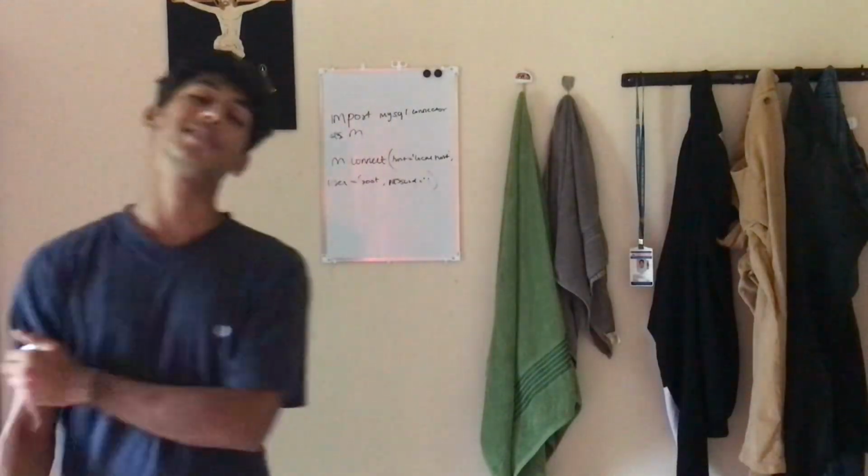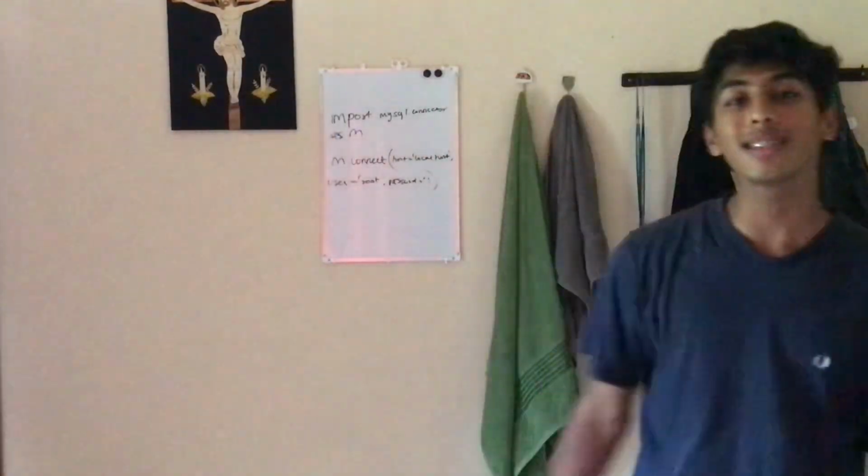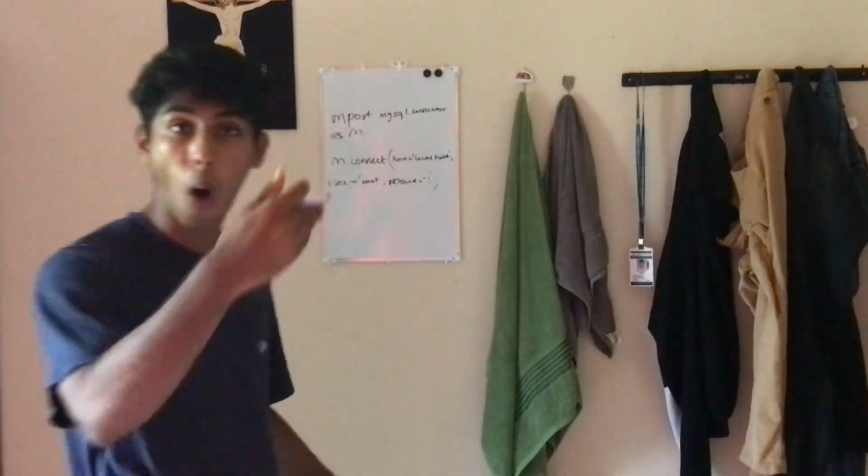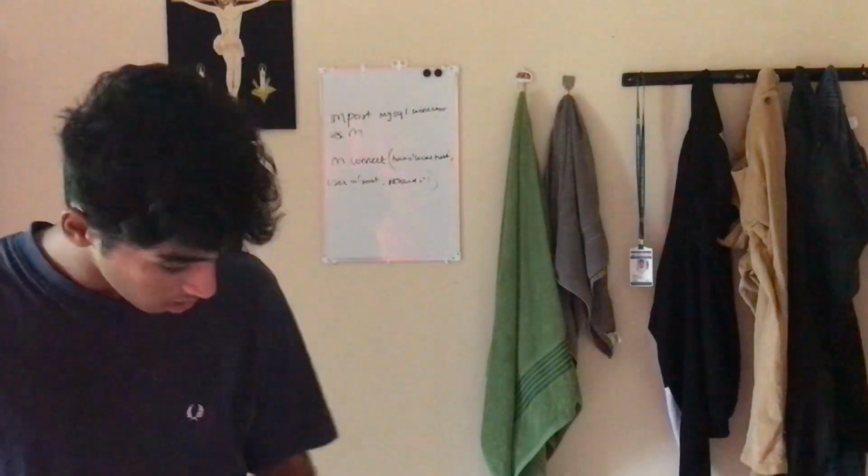Second thing is we need to do the cursor. Cursor is asking Python, bro, can I run SQL commands now? Because you are not going to face any Python commands, you're going to face SQL commands. It's a way of warning Python that I'm going to write SQL commands.